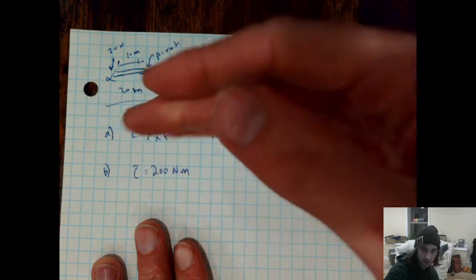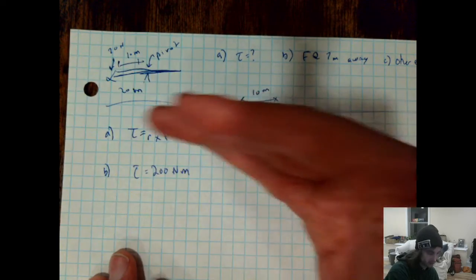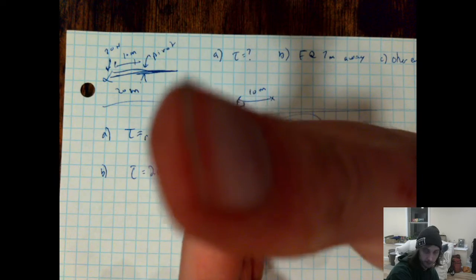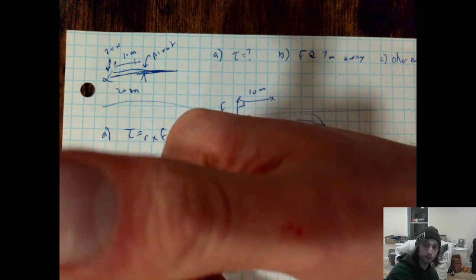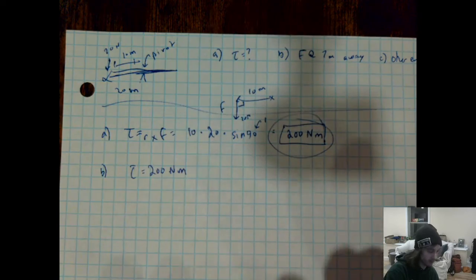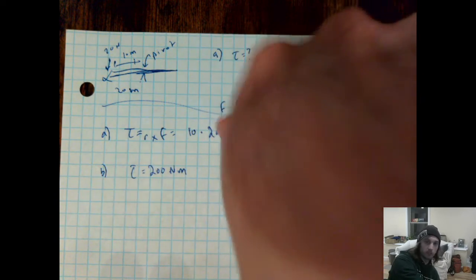The force is trying to get it to spin down. So left of the pivot spinning down means that our torque will come out of the page or towards you. If it was on the other side, to the right of the pivot, it's still spinning down, so it would be going into the page.